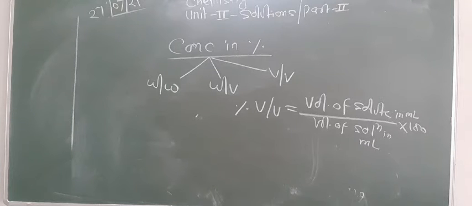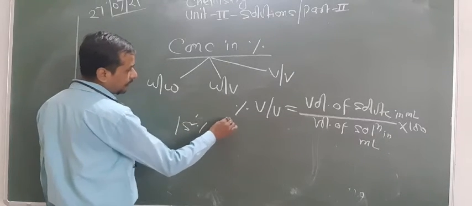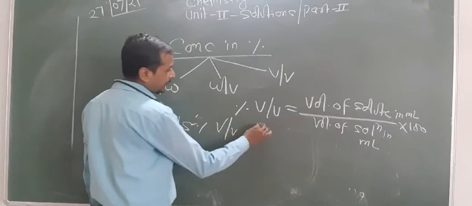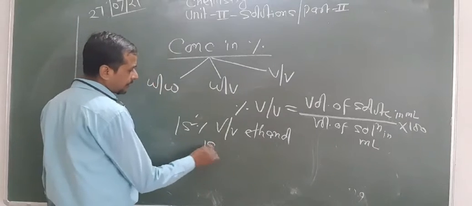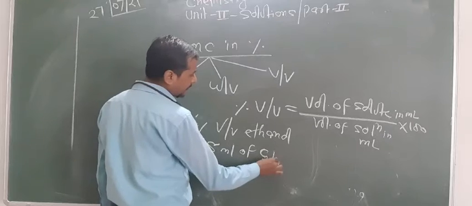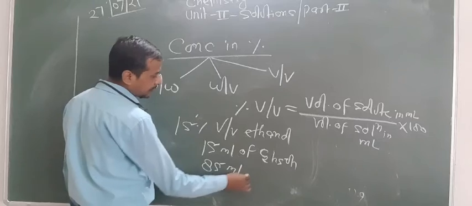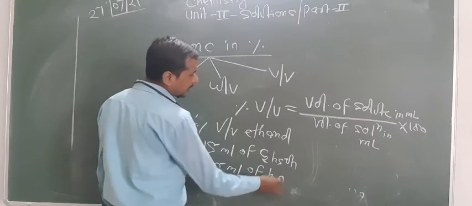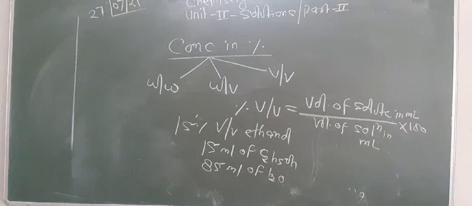Now look here, for example, 15% volume by volume ethanol is given. The meaning of this is 15 ml of ethanol, that is C2H5OH, in 85 ml of water, to make the solution volume 100 ml. By this way you can find the percentage of volume by volume.